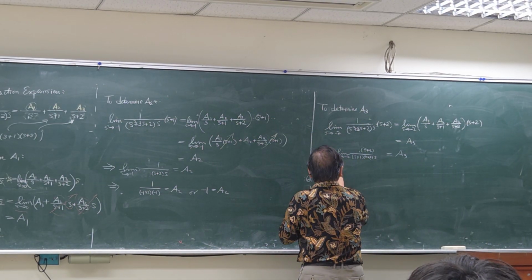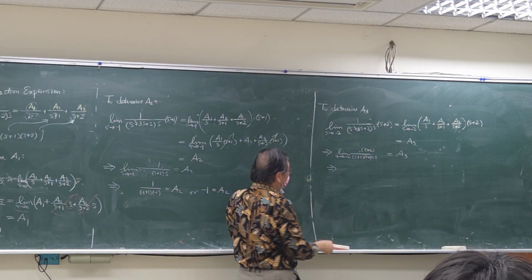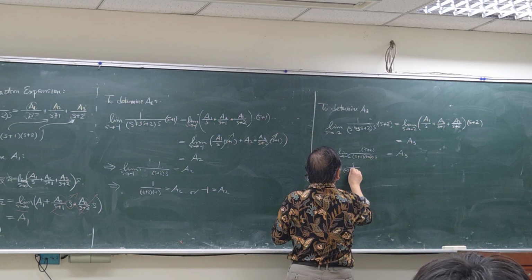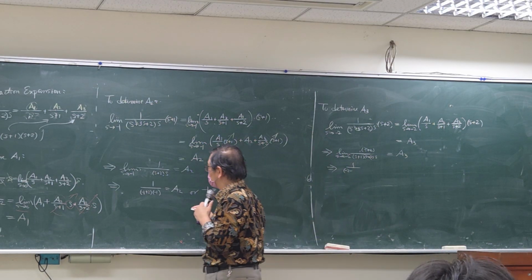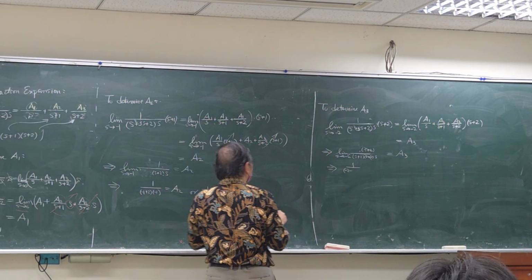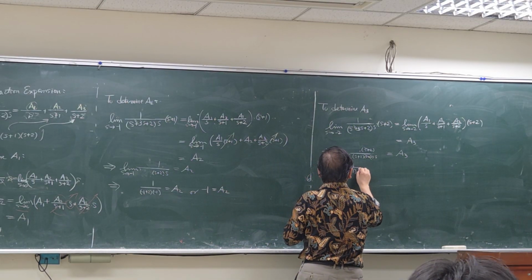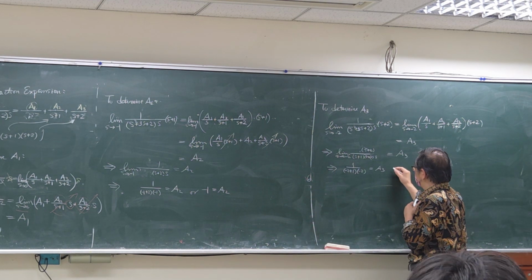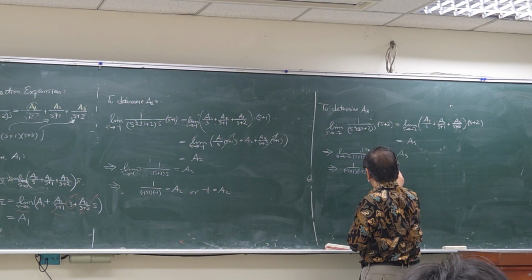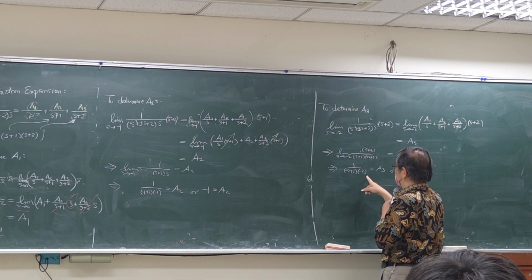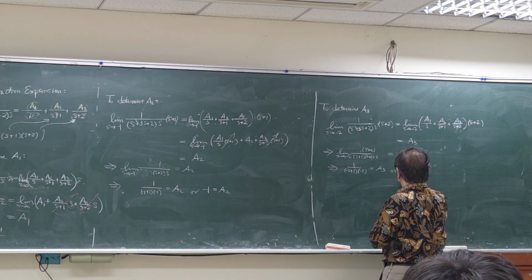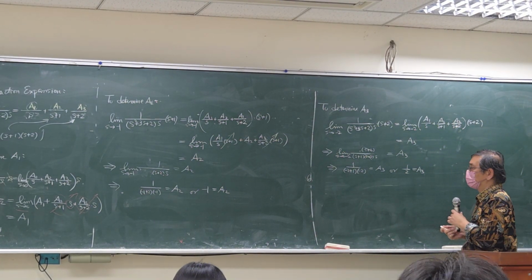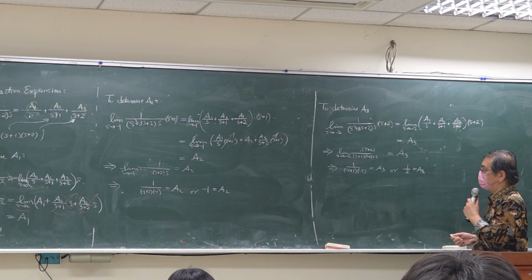So this is equal to 1 over negative 2 times negative 1, which is 1 half. Okay, so now I found A3 as well.